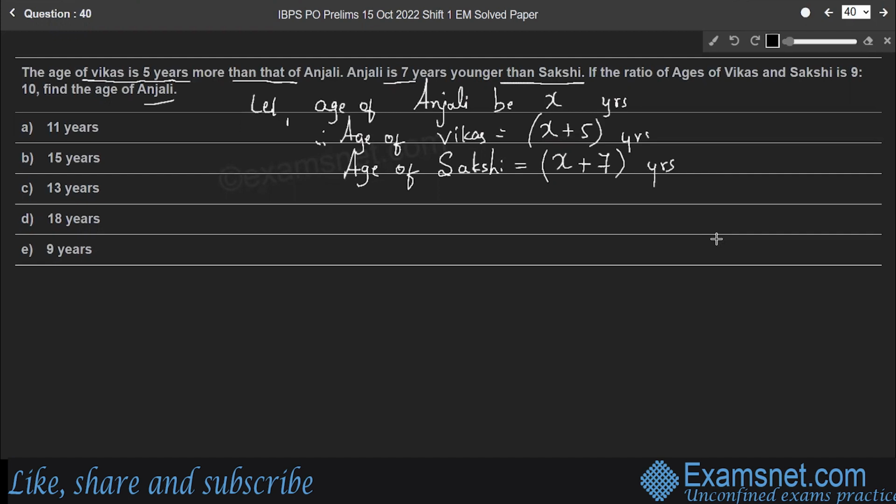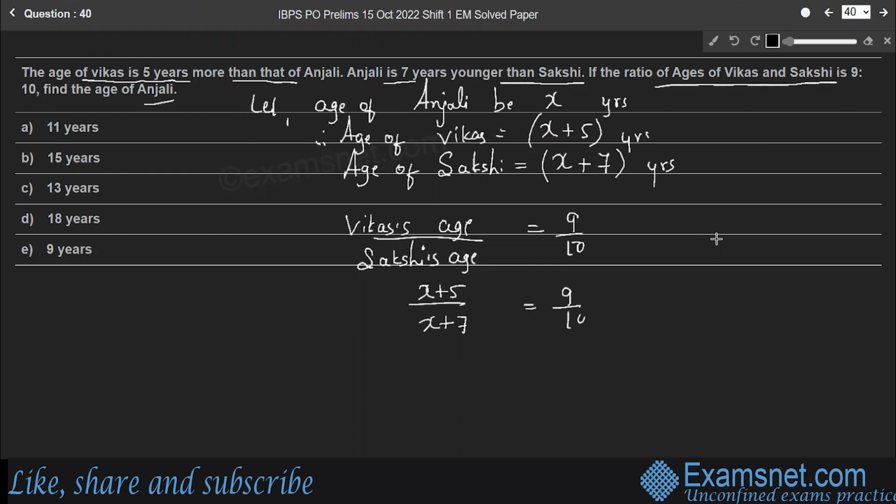If the ratio of ages of Vikas and Sakshi is 9 is to 10, therefore, Vikas' age to Sakshi's age is equal to 9 is to 10. So Vikas' age is X plus 5 divided by X plus 7 is equal to 9 by 10.